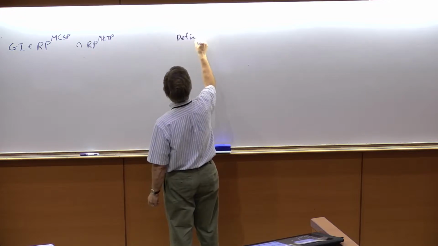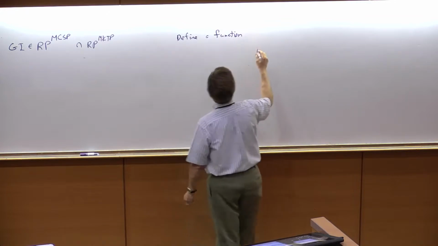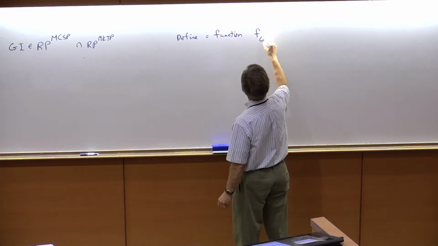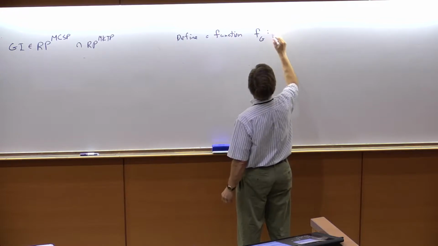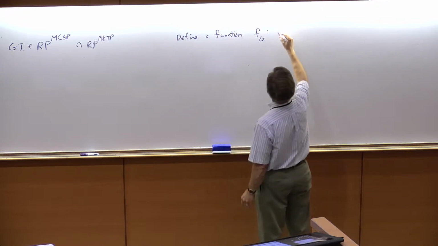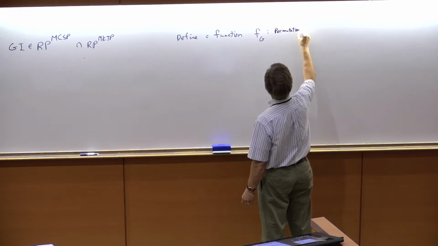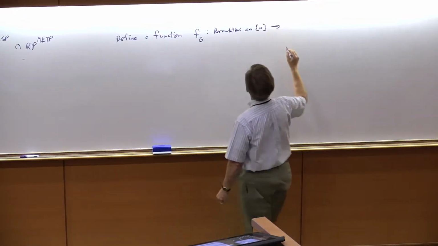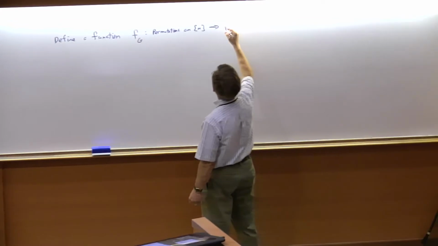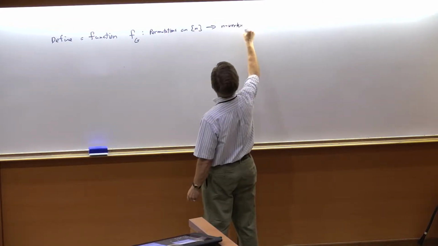Define a function f sub g that takes permutations on the numbers 1 through n to the set of n vertex graphs.